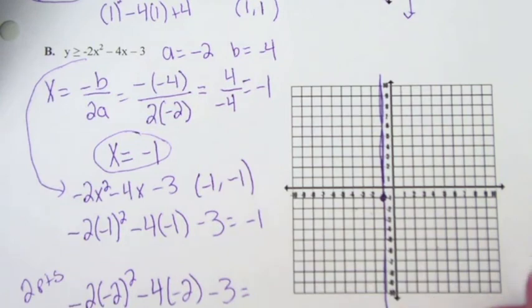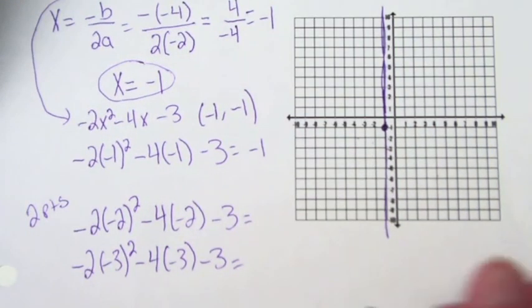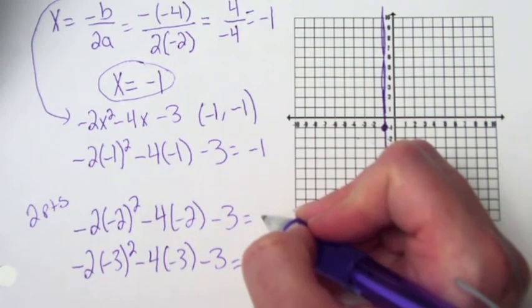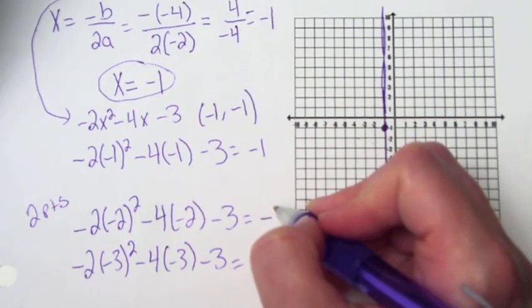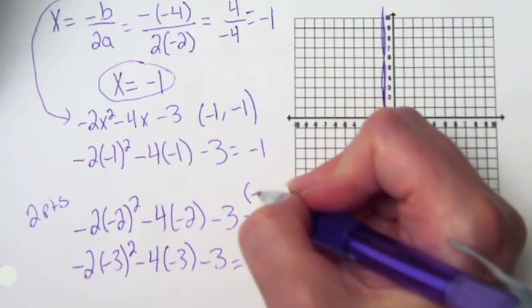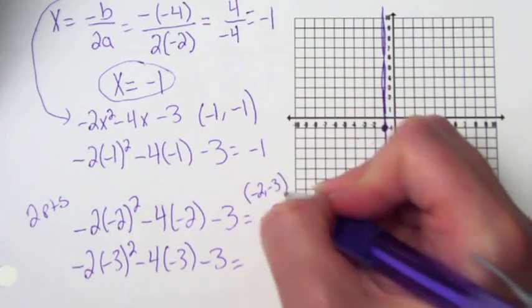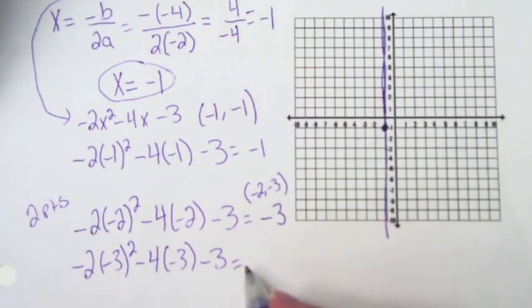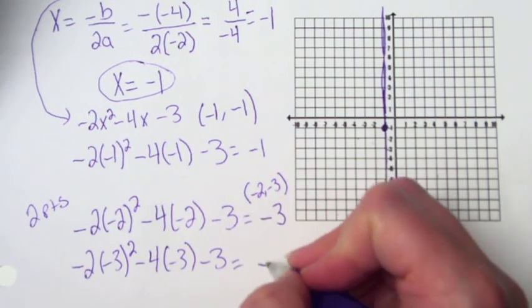What do we get when we plug in negative 2 again, Bernice? Negative 3. Yeah, so we get negative 2, negative 3. There's 1 point. Here, what do we get? Negative 9. Okay, sweet.